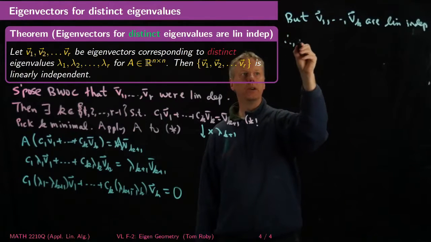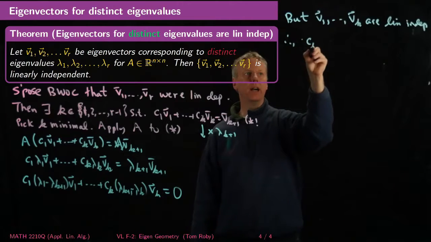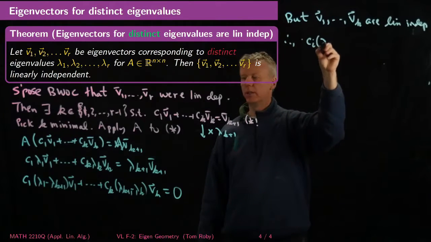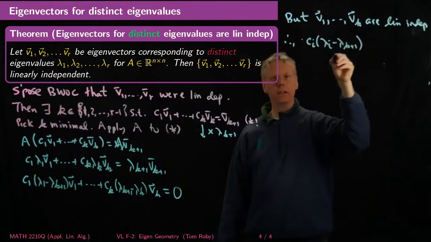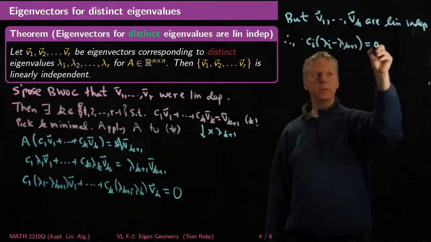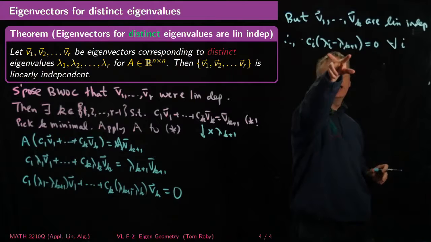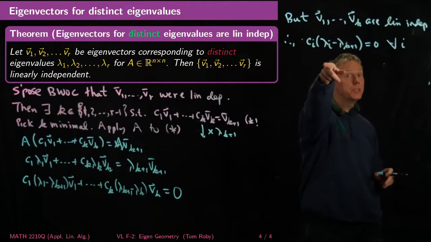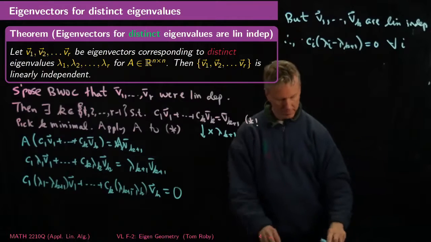So therefore, let me just call these ci. ci times (lambda i minus lambda (k+1)) must be equal to 0 for all i. Now, because all of these lambdas are distinct, these differences are never 0.